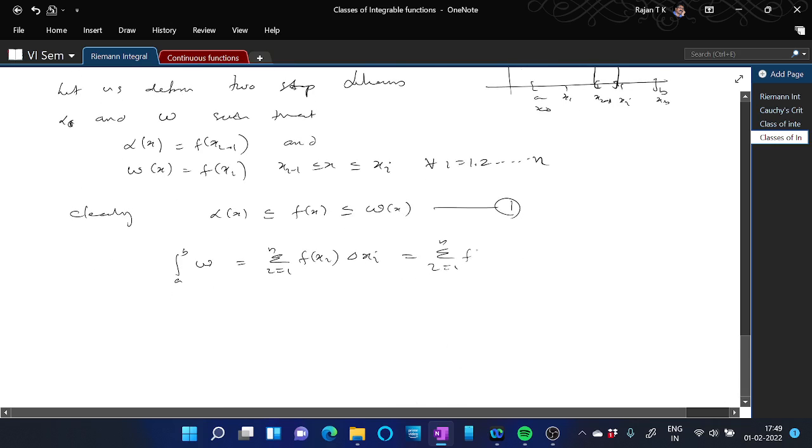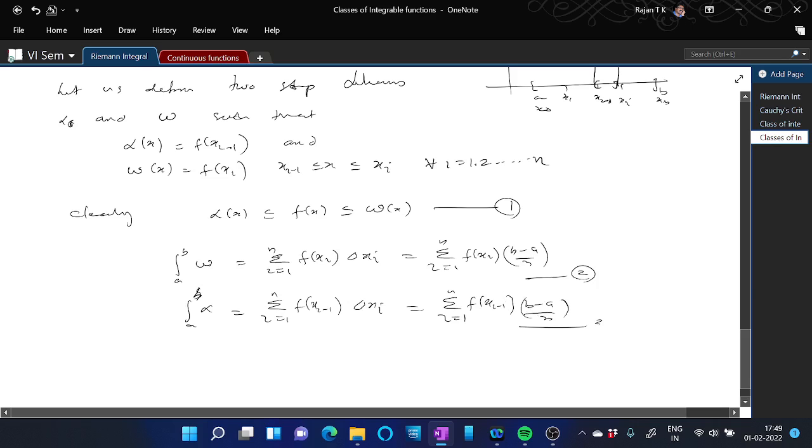So, f of x_i into (b minus a) divided by n, number 2, and integral a to b of alpha is equal to sigma i equal to 1 to n of f of x_{i-1} delta x_i, which is equal to sigma i equal to 1 to n of f of x_{i-1}, again delta x_i is (b minus a) divided by n, number 3.